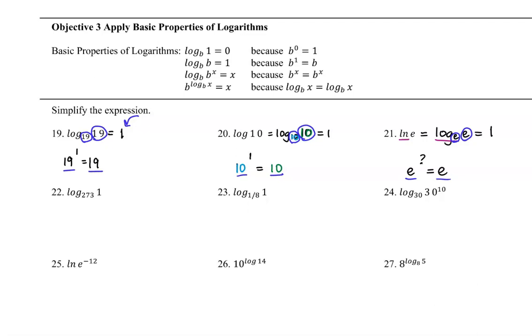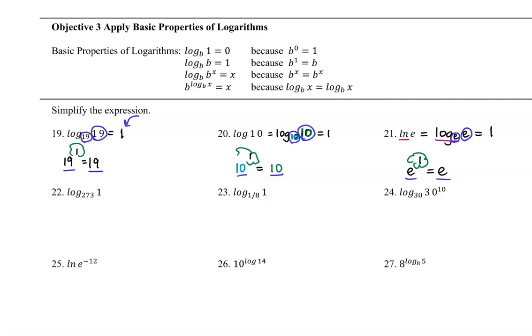So in all cases, the exponent that we ended up putting on the base was simply 1. And that is one of our properties of logarithms. It is the second property that's listed here, that when the base and the inside of the logarithm are equal, the logarithm is equal to 1, because b to the 1 is equal to b.